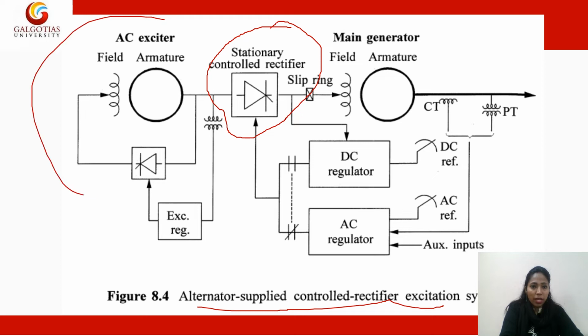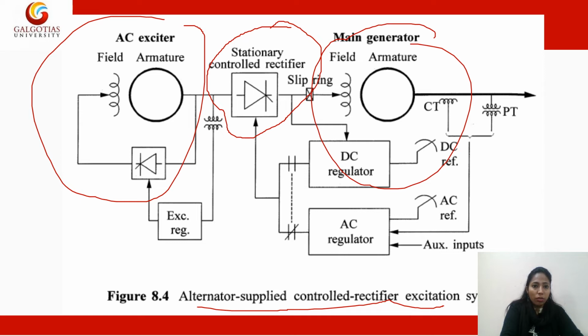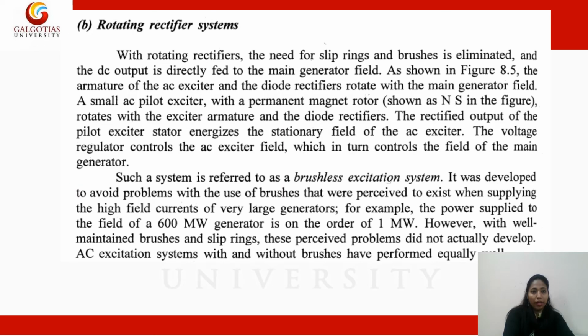This is the AC excitation system, and this is the main generator, on whose field winding we provide the DC supply through this excitation system. The DC voltage given to the field winding is controlled by this stationary controlled rectifier system.